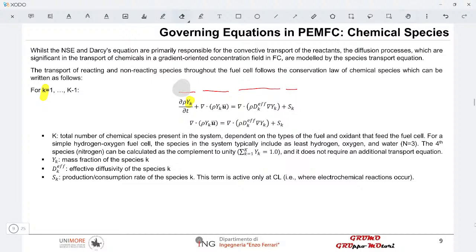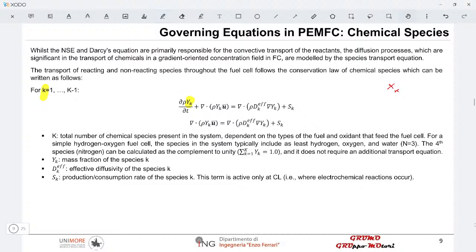Just as a note, typically we talk about mass fraction Y, and this is also because most of the CFD codes use this variable to represent the presence of a species. But in the same way, you might talk about mole fraction instead of mass fraction, and the mole fraction is generally written as X_k.